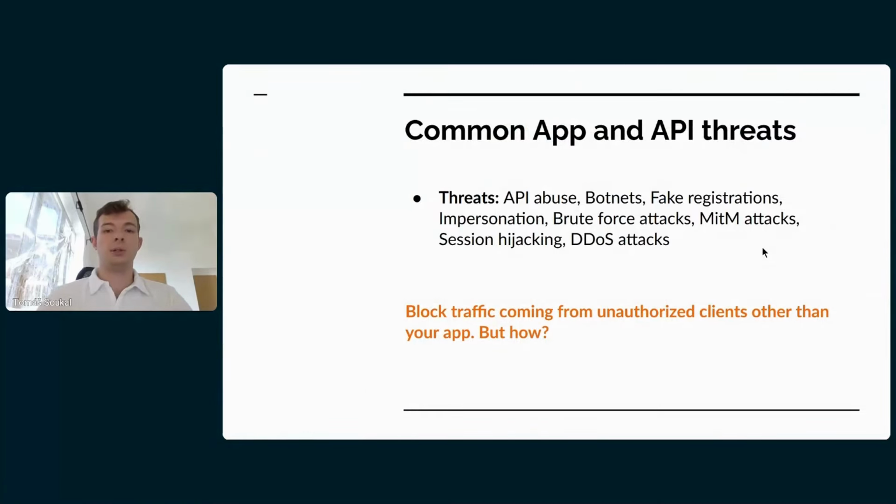So what are common app and API threats? API abuse, like someone attacks your API to, for example, scrape your data. It's really common in the e-shop or e-commerce world, where competing players are scraping the prices of competitors.